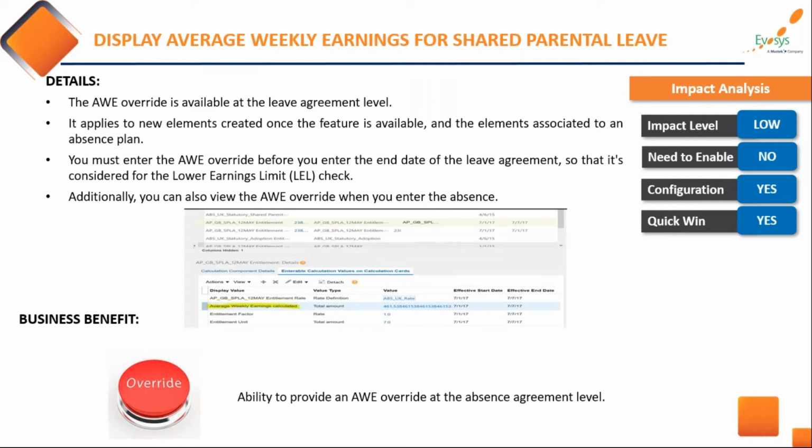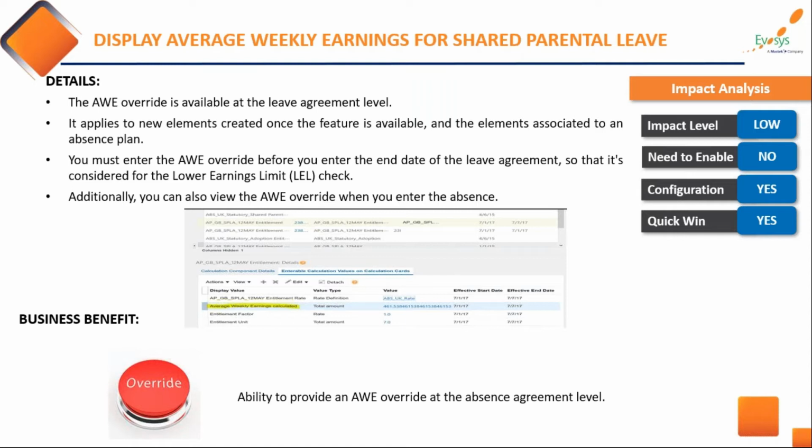So you now have the ability to override the average weekly earnings at the leave agreement level. Just to give you a heads up, the average weekly earning for shared parental leave is usually calculated when the employee leave agreement is created. So now with this new feature, you have the ability to override the calculated value.